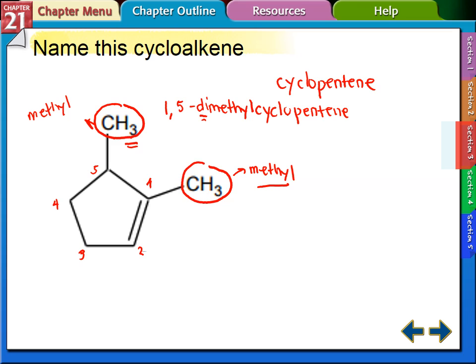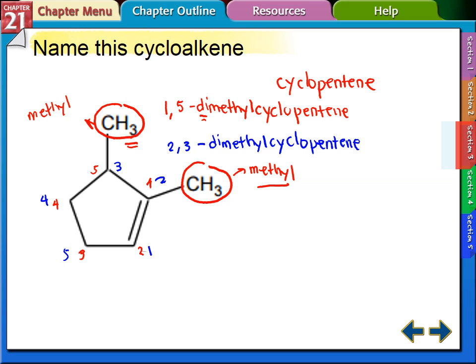All right. Now, however, if we number the carbon atoms in this manner, so that we start here with 1, this is 2, this is 3, 4, and 5, we come up with another name, which is 2,3-dimethylcyclopentene.